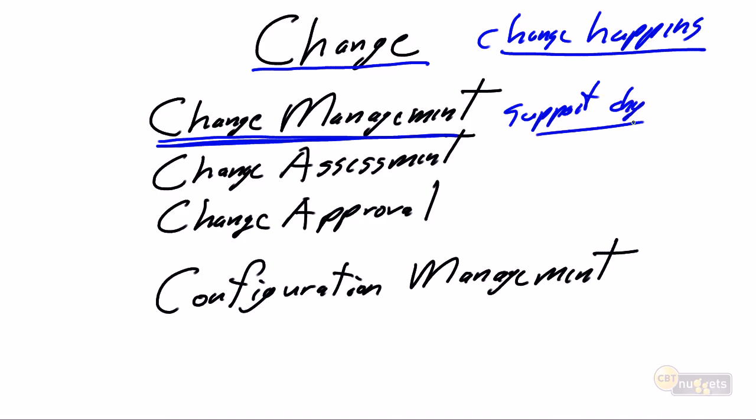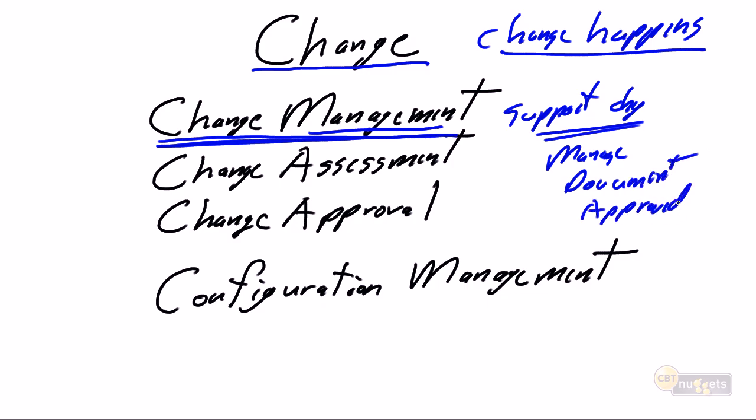So we need to ensure we're prepared to support change, because change will happen, but we need to manage the change. We need to support it. We need to manage it. We need to document it. And we need to get it approved. So those are our next aspects to proper change management. We need to do the assessment. We need to document what the impact is.